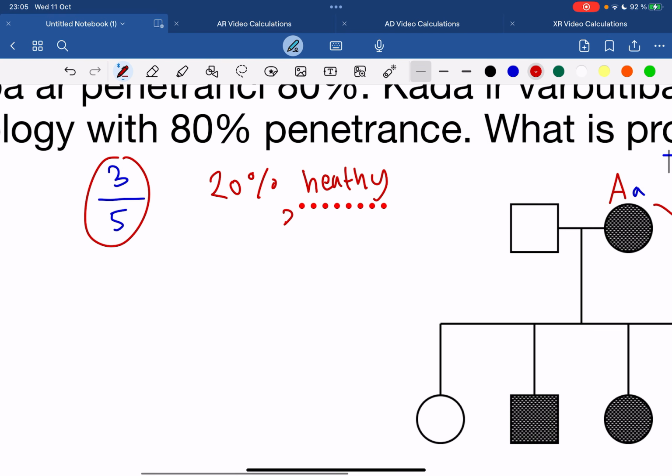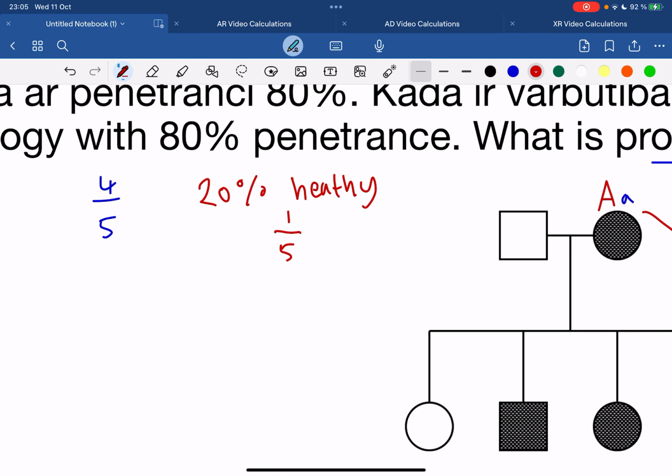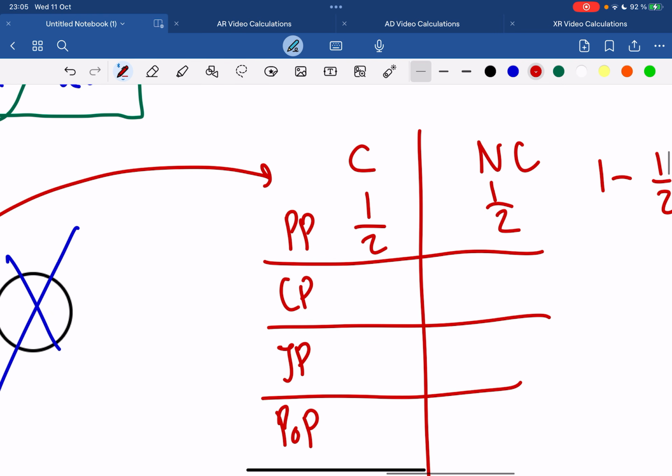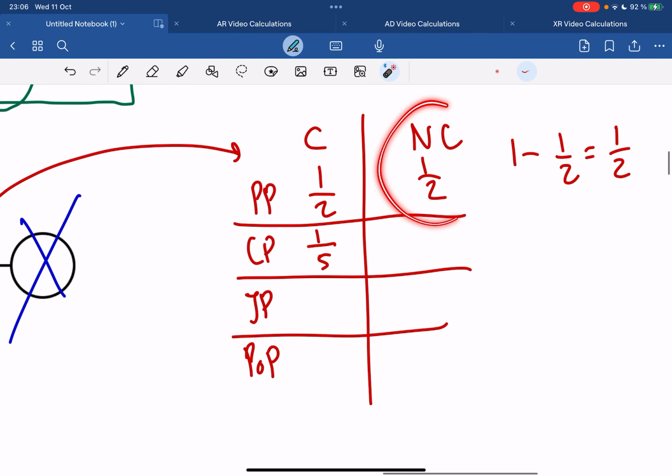Oh, I see where I made a mistake here. See? There we go. That's 4. So 20% would be 1 in 5. So here we would write a 1 in 5 for the conditional probability. The conditional probability for non-carriers is always 1. Why?